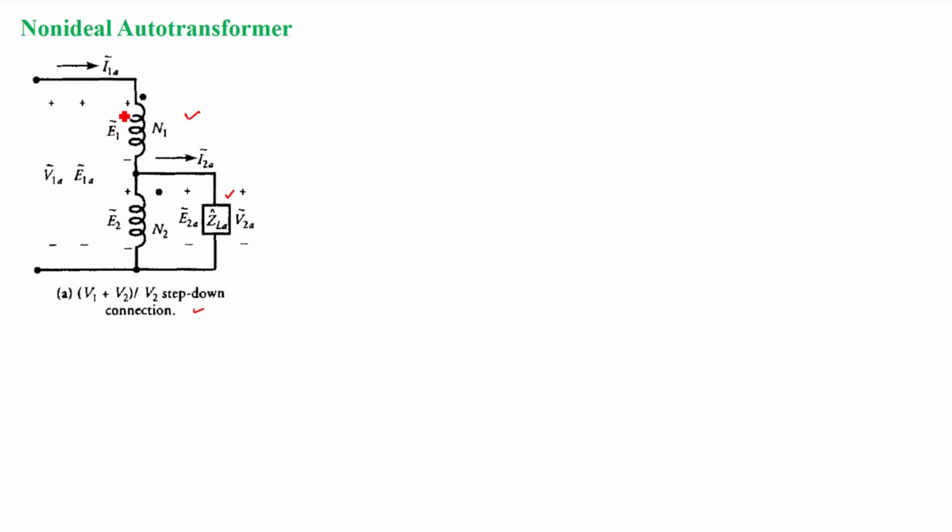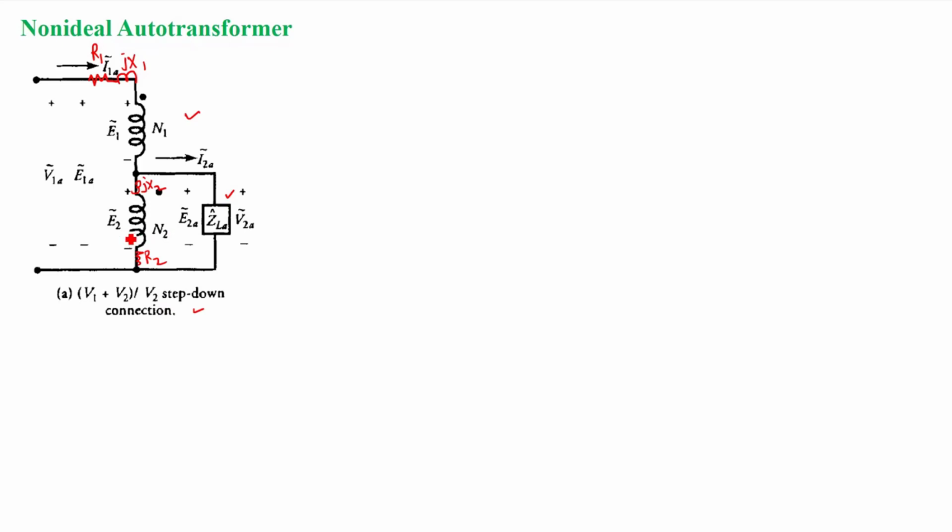Now if I introduce the non-idealities, that means the resistance and reactance in each winding, here R1 and jX1, and in this winding obviously R2 and jX2, right?